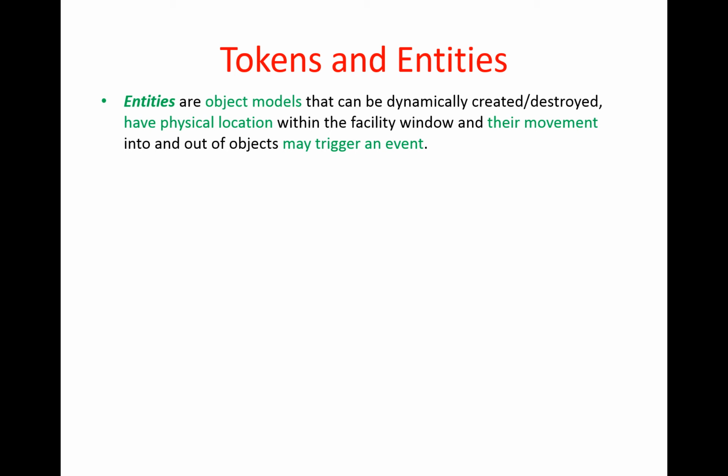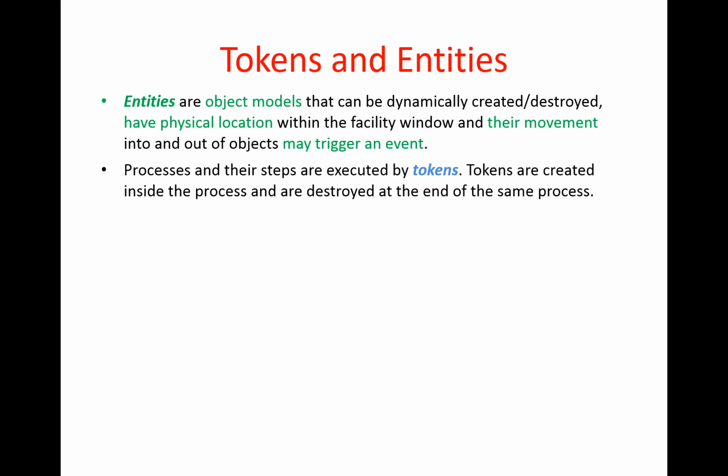They have a physical location associated with them, and they can move in and out of other objects, which may trigger events to happen. On the other hand, Simio processes are not run by entities but by tokens.